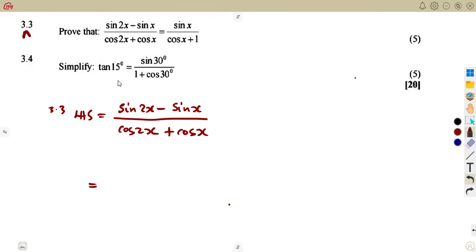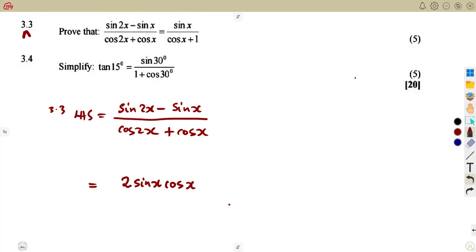I wanted you to see these identities, but the way that I'm sharing my screen, you end up seeing my files inside of my files. So this is 2 sine of x cos of x, remember? I'm trying to open something, that's why it is doing like this. All right, there we are.